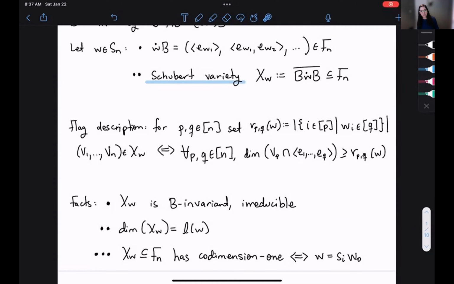So let me give you a characterization: a Schubert variety has codimension 1 if and only if your permutation is of this form. It's an adjacent transposition, so it just swaps two adjacent numbers, times the longest permutation, which lists the numbers in opposite order.